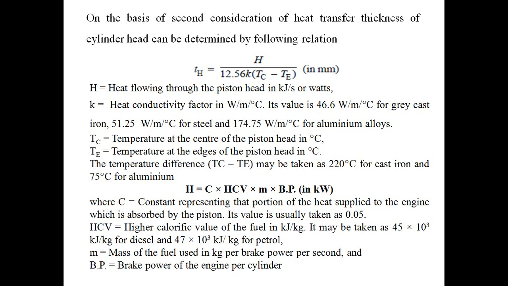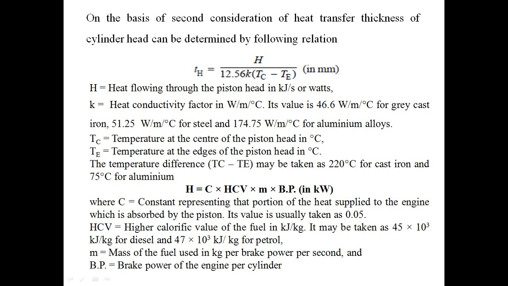The value of small k can be taken as 46.6 watt per meter degree centigrade for grey cast iron, 51.25 watt per meter degree centigrade for steel, and 174.75 watt per meter degree centigrade for aluminum alloy.